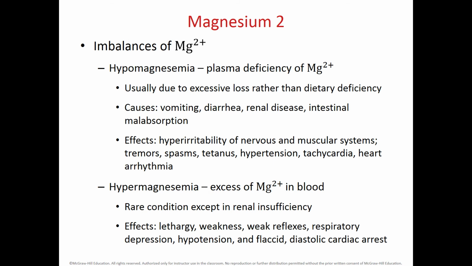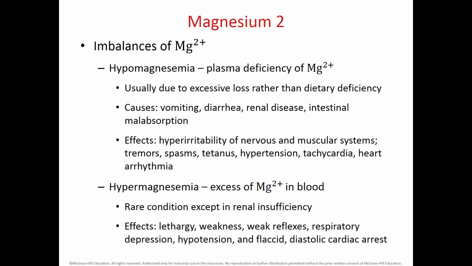Hypomagnesemia will be low levels of magnesium. It can be caused by loss of magnesium in fluids in your body, like when someone is vomiting, when someone has diarrhea, when someone has renal problems, or intestinal malabsorption. What are going to be the clinical effects?